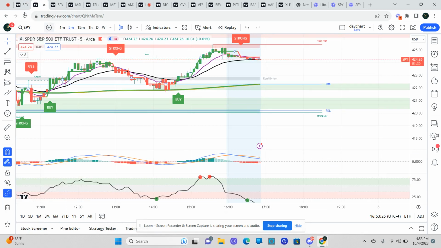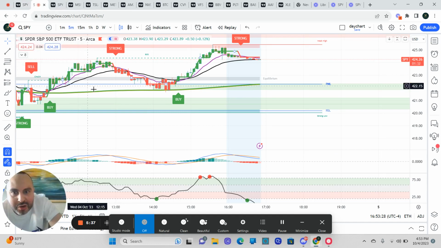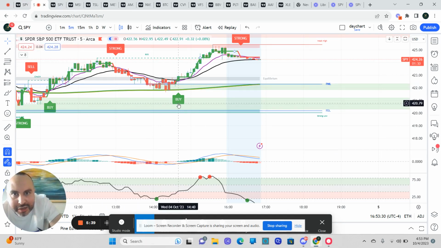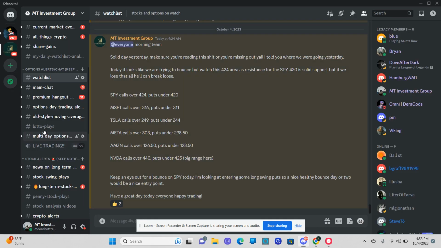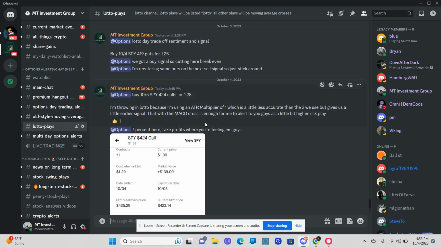So here is our SPY 5 minute chart. I alerted these in our lotto plays because I used an ATR multiplier of 1. So I said, okay, by the 10-5 SPY 424 calls for 128.